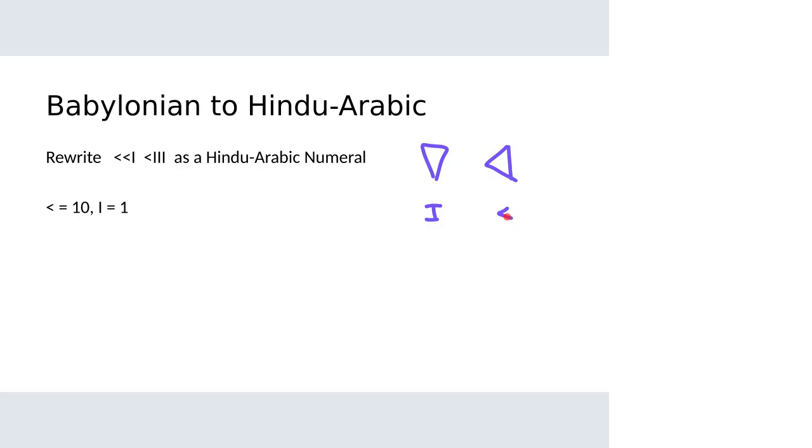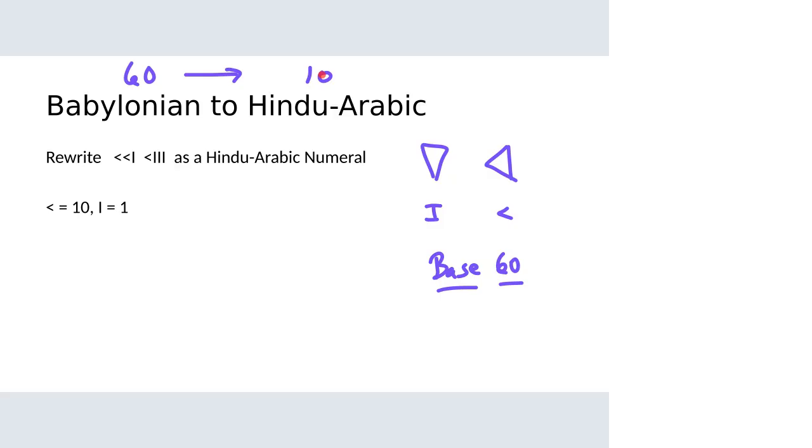If we want to go from Babylonian to Hindu-Arabic, it's important to remember that Babylonian numerals are base 60. So really we're going from base 60 to base 10, similar to what we did in an earlier problem where we had a base 7 number that we had to turn into base 10. Here we have a base 60 number that we're turning into base 10.